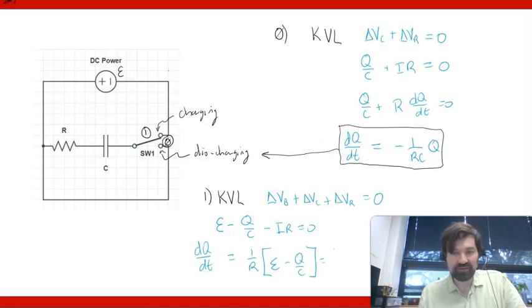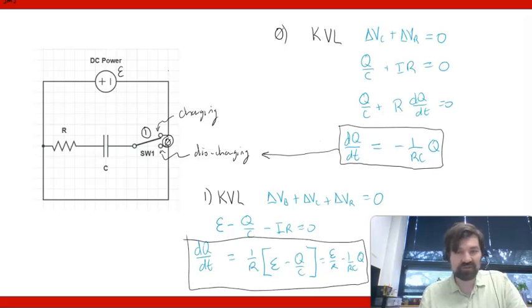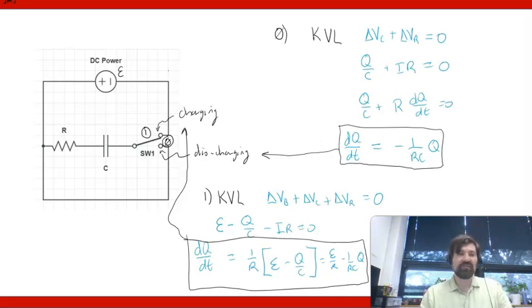You could also write it as epsilon over R minus 1 over RC times Q. It is a different but similar differential equation, and it describes the charging case.